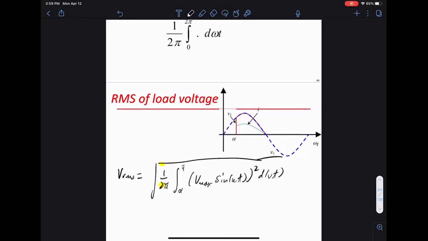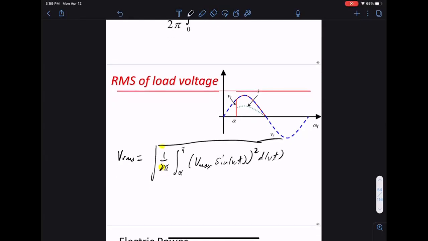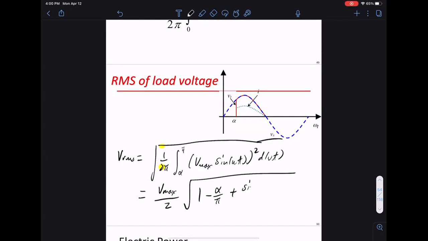So instead of the average, we're putting in a square to compute the root mean square voltage. This turns out to be not that easy to compute, so I'm just going to state the result here. This is V max over 2 times the square root of 1 minus alpha over pi plus sine 2 alpha over 2 pi. This is what you get by doing the square and integrating everything.